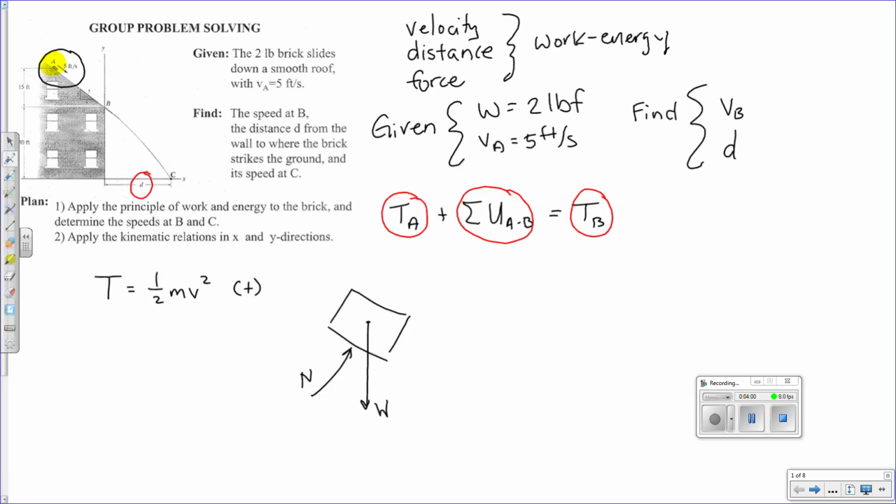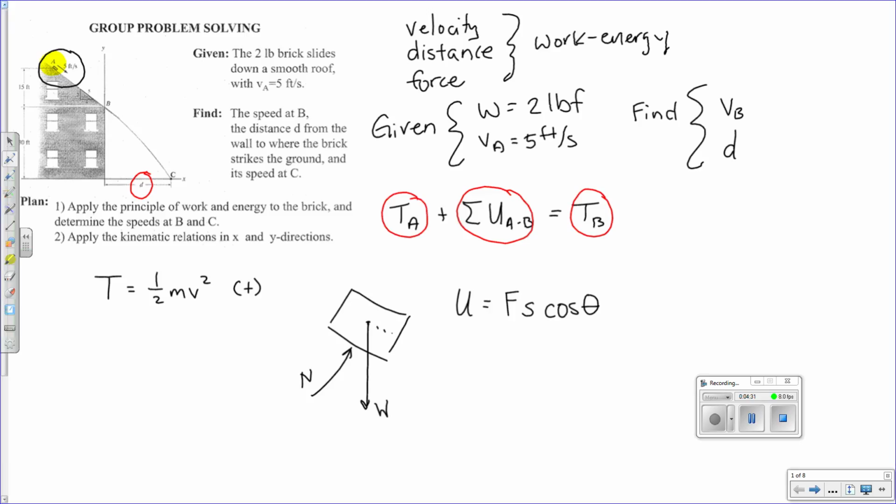Okay? Well, recognize that this term, the sum of work, rather, from position A to position B, we know that work is a product of two things. It's the product of force and displacement, which we can call S, times cosine of theta, where theta is the angle between the direction that the force acts and the direction that the object is moving in.